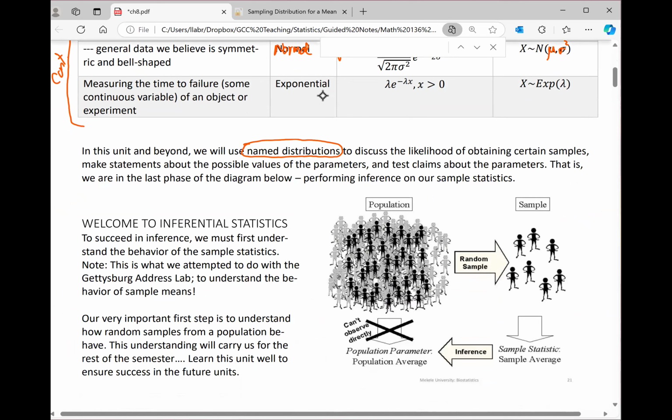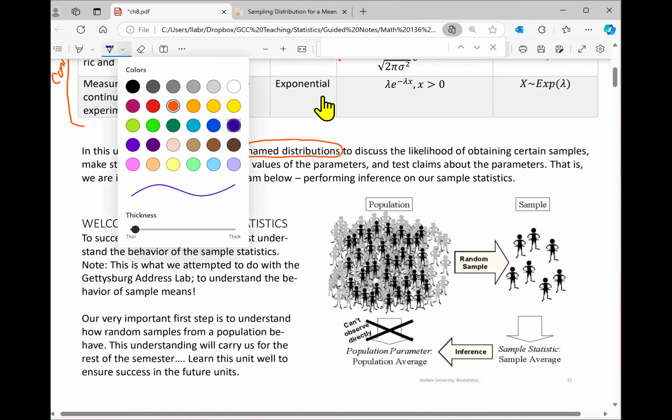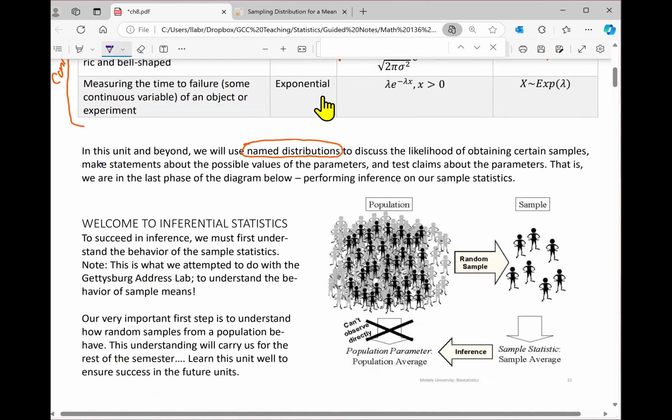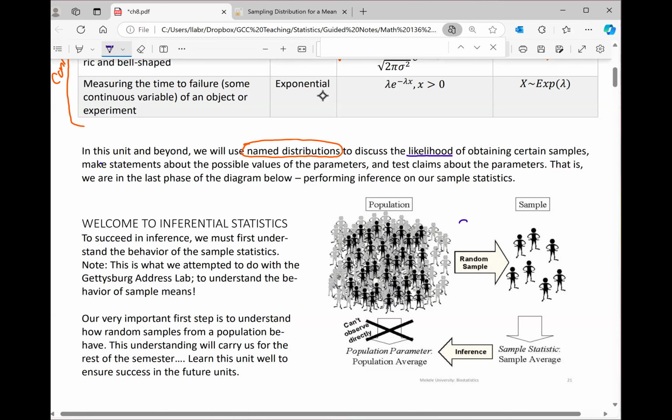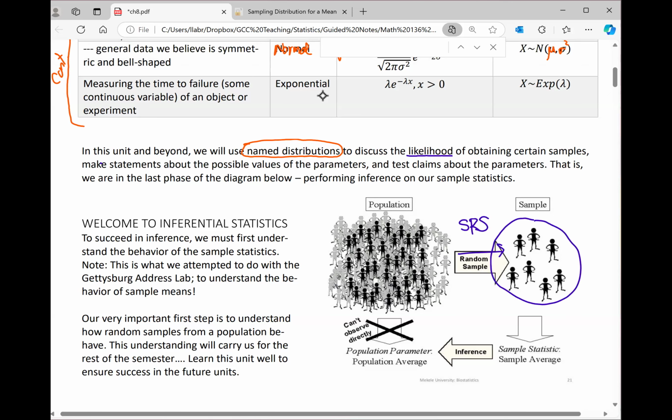But the way that we're going to do this is we're going to say, let's understand how our sample behaves. So we want to understand the likelihood that when you take a random sample, so SRS, what is the probability of obtaining this kind of sample? Because from a sample, we're going to obtain statistics.